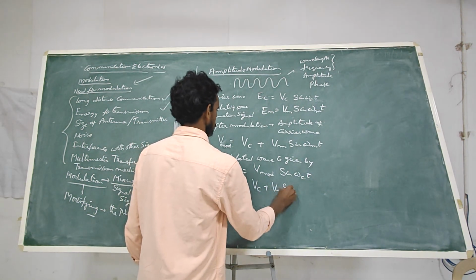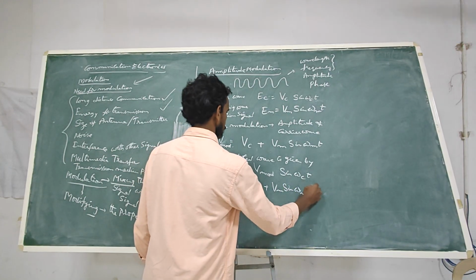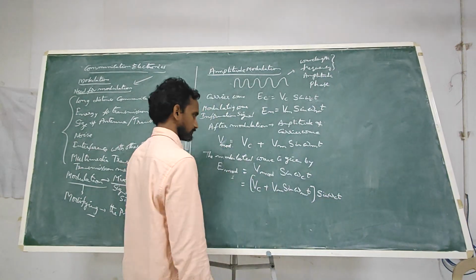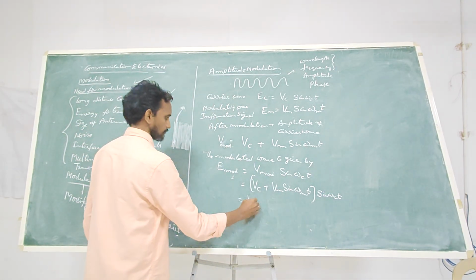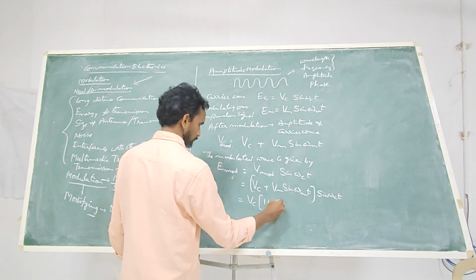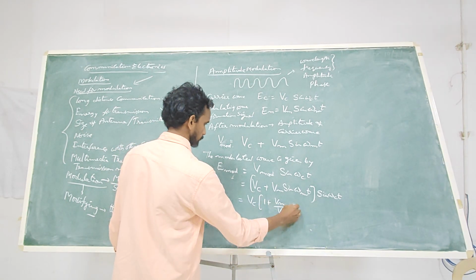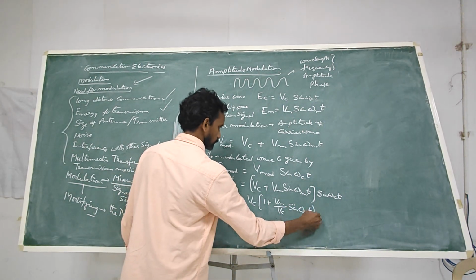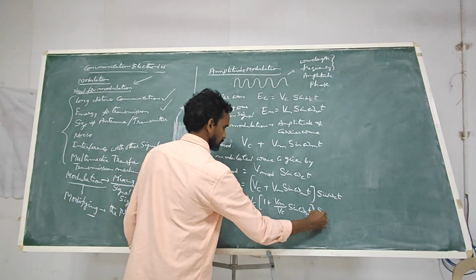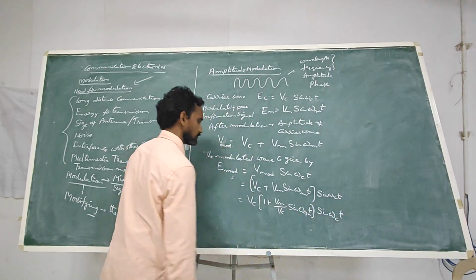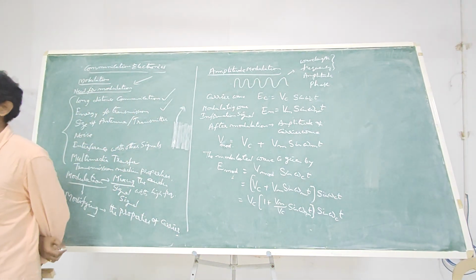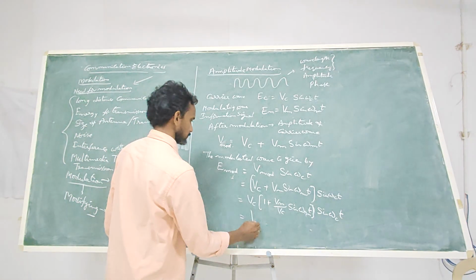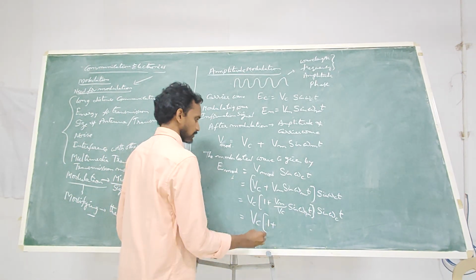This is Vc plus Vm sin omega m t, times sin omega c t. Call that as modulation index.